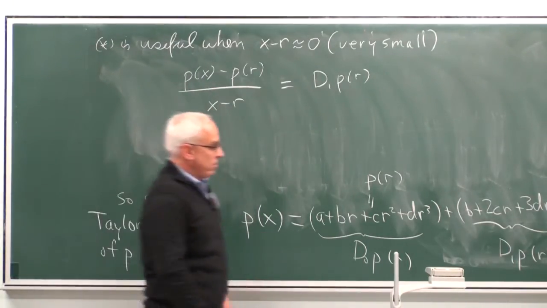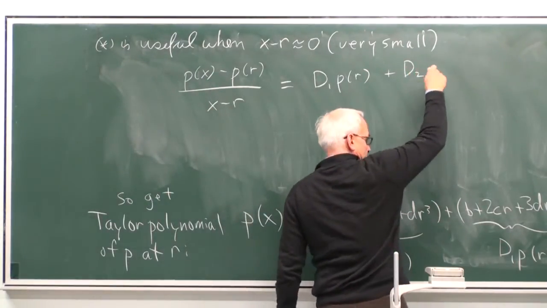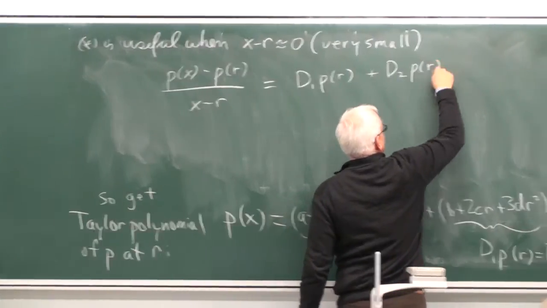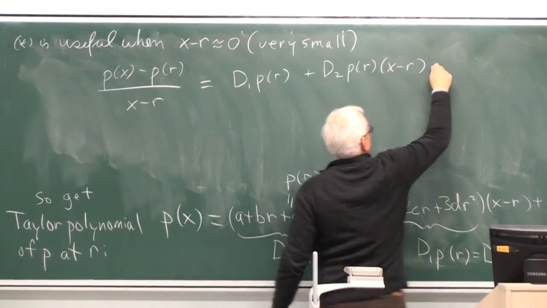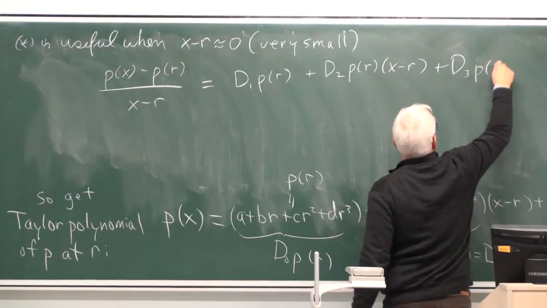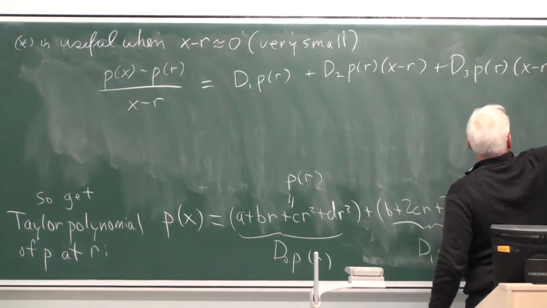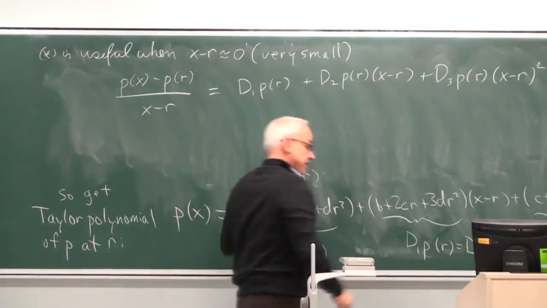And then the other terms, there'll be a d2p of r times now x minus r, and a d3p of r times x minus r squared, since we've divided by x minus r.